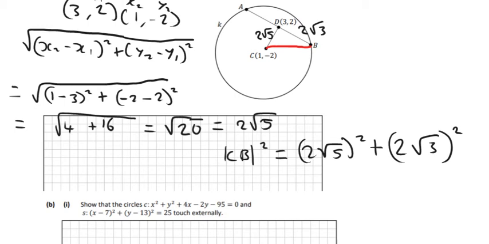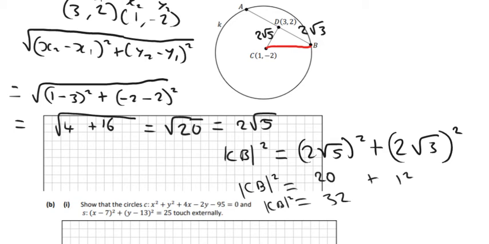If you square 2 root 5, you'll get 20. And if you square 2 root 3, you'll get 12. So add them together and we get 32. So that is what CB squared would be.